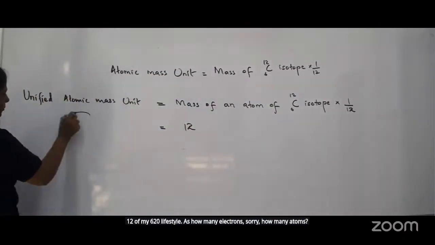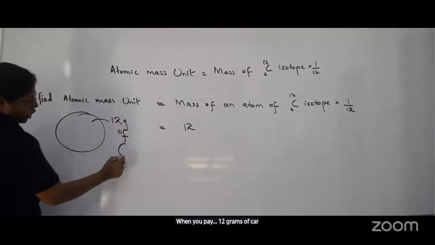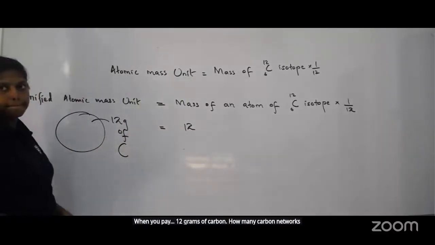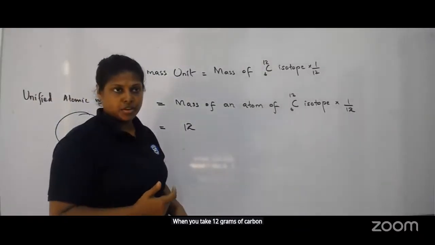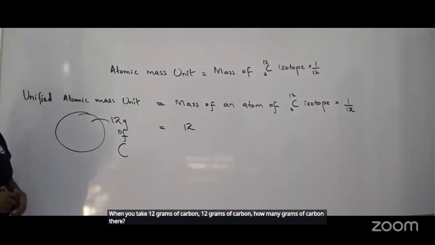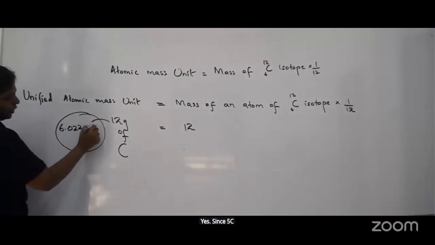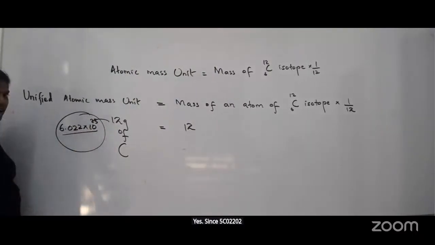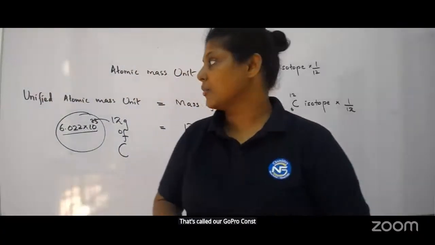When you take 12 grams of carbon, how many carbon atoms are there? Yes, 6.022 into 10 to the power 23 atoms. That's called the Avogadro constant.